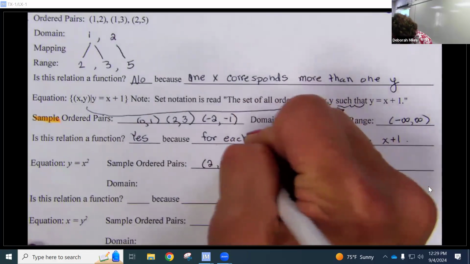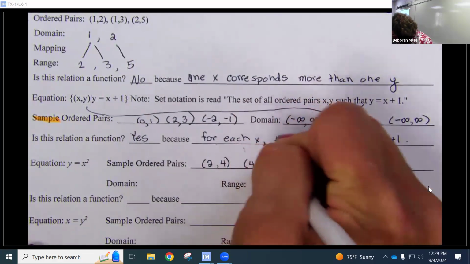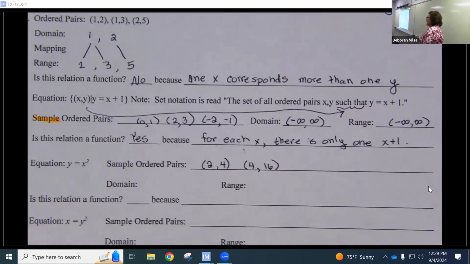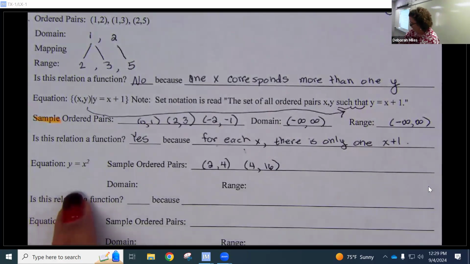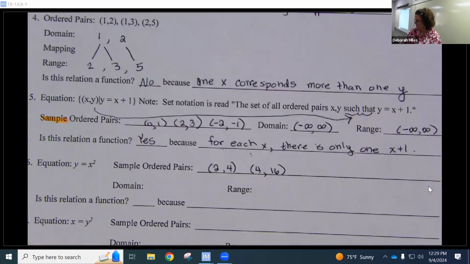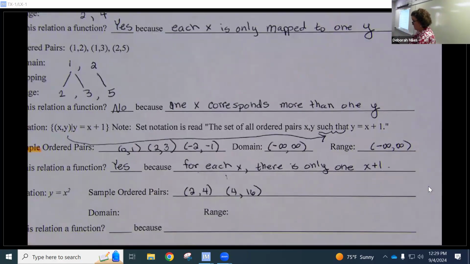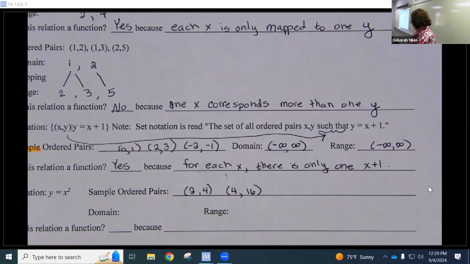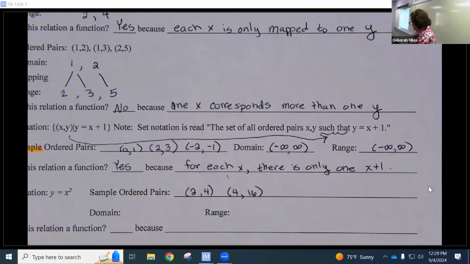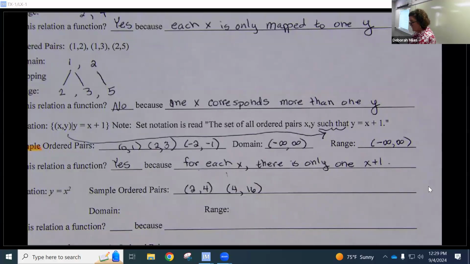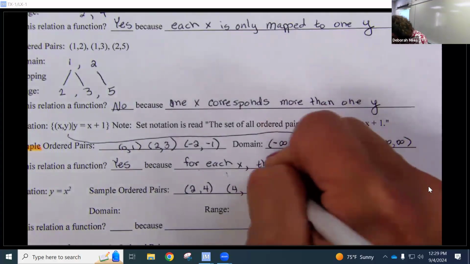That'll work. 4, 16. Could somebody give me such an ordered pair, but where the x is negative? Maybe give me one where the x is negative. -2, 4 would also work.